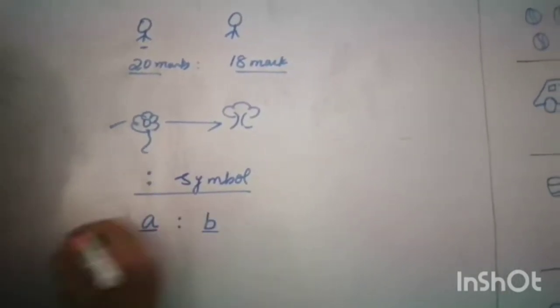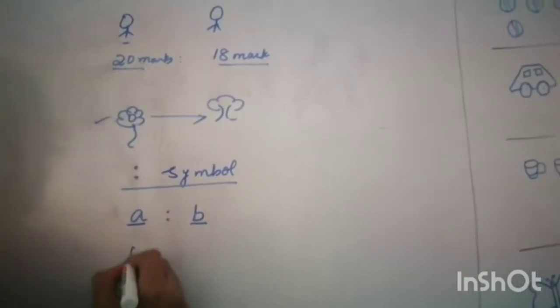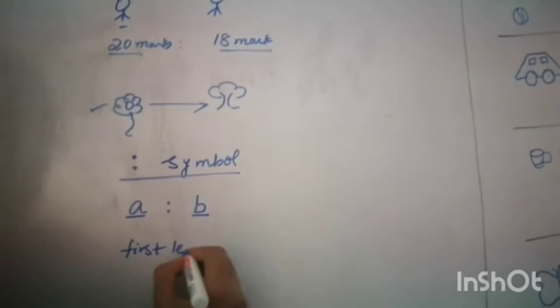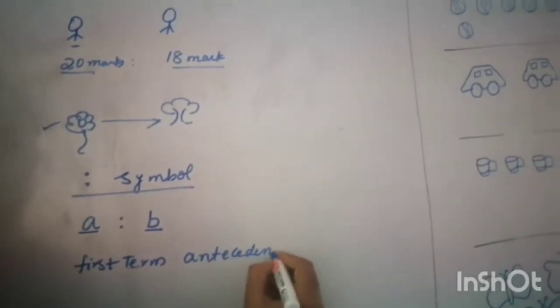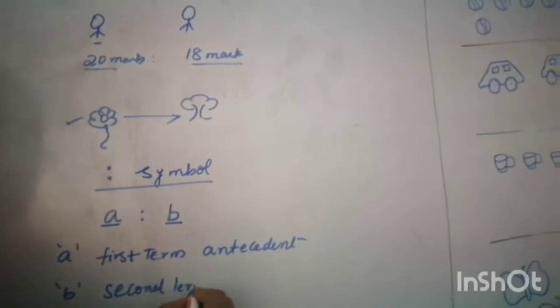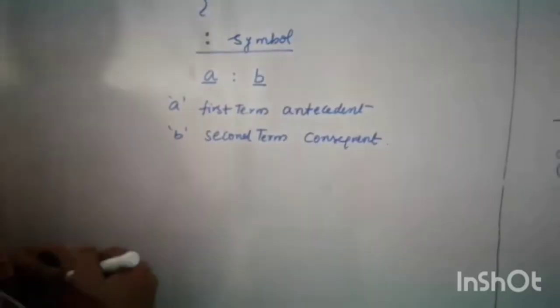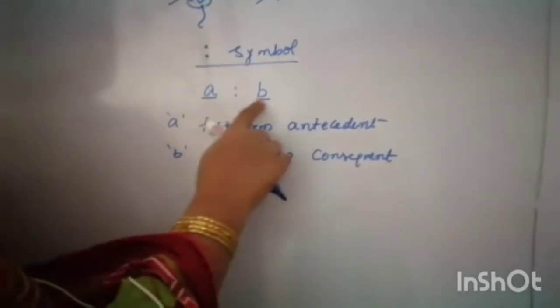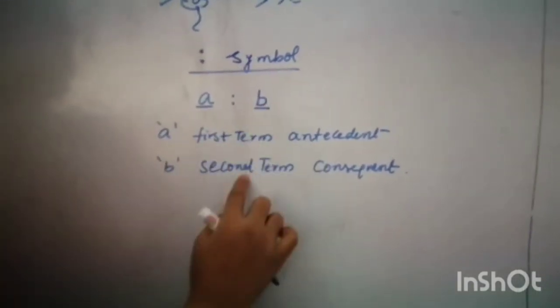These two quantities are called terms. The first term is called antecedent and the second term is called consequent.